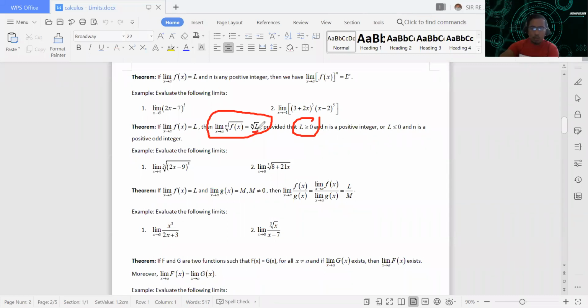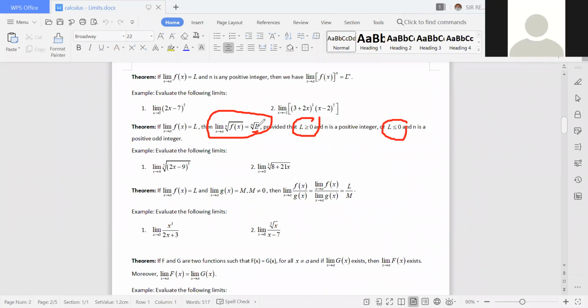But it is true that if L is negative, or less than 0, provided that your index here, this n, is an odd integer.